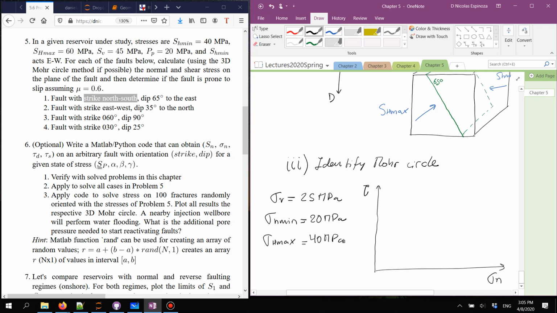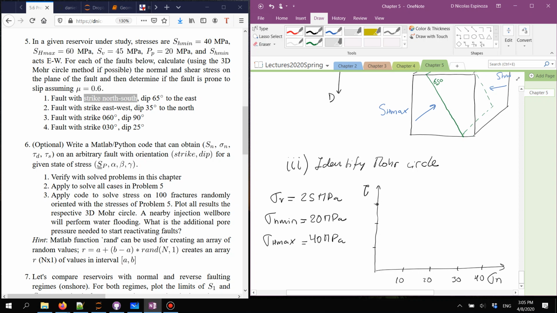Those are the three principal stresses, and those are the ones required to use in the Mohr circle. So let me go ahead and draw the Mohr circle that we need, where this is 10, 20, 30, and 40.